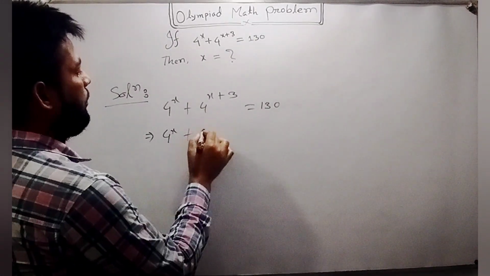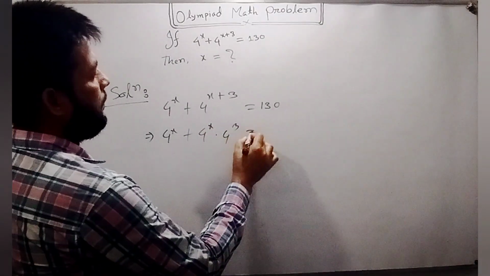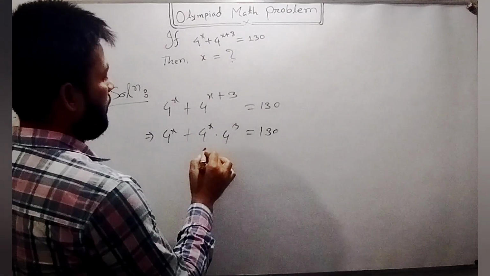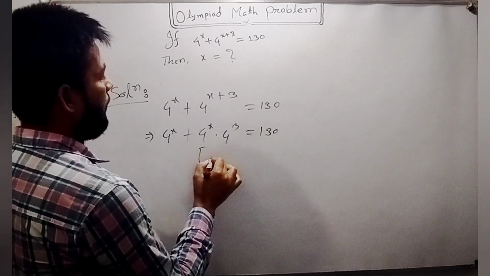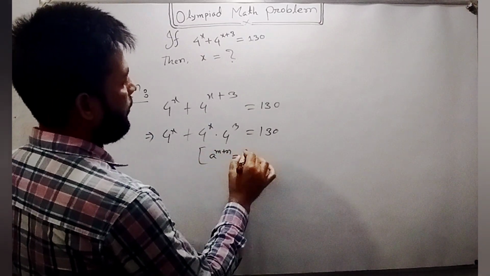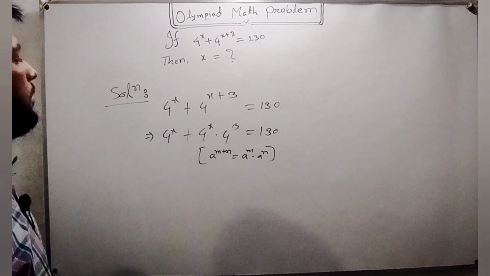We will write 4 power x dot 4 power 3 equals 130, and this is the formula a power m plus n equals a power m dot a power n.